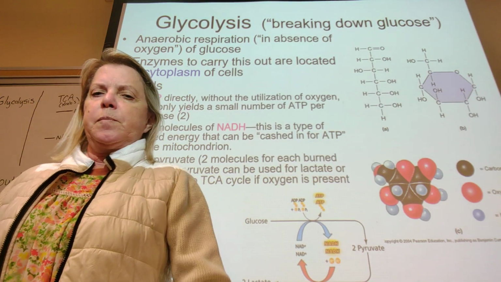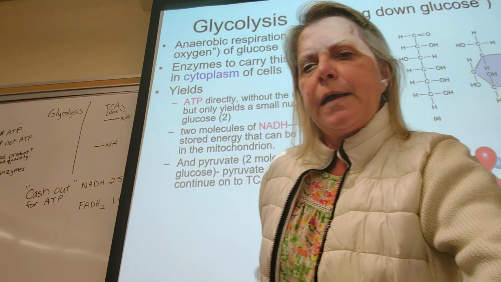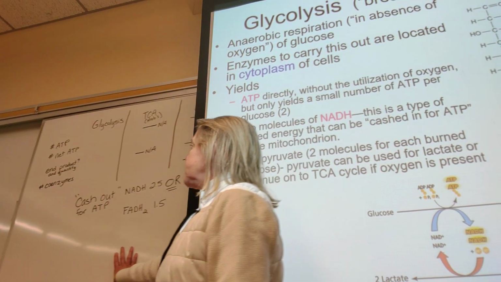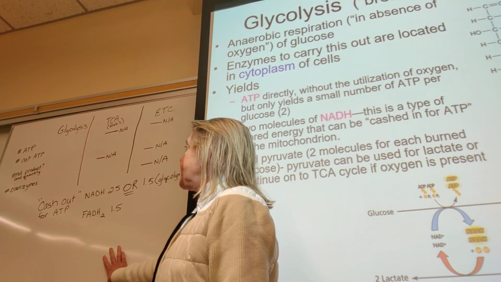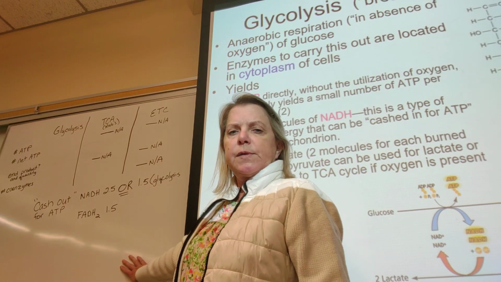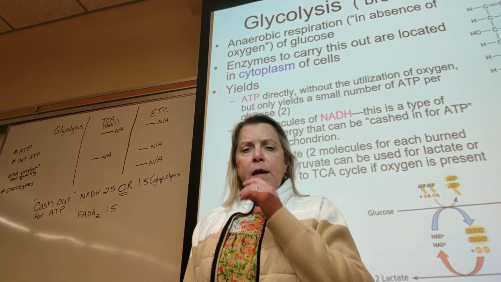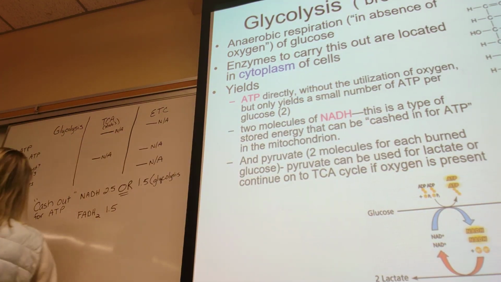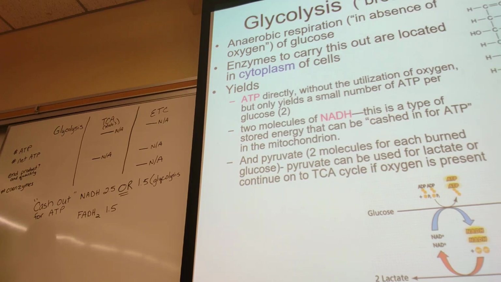So if you look at the board, I have a little project that I've written up here. And we're going to go through this step by step and try and fill in these blanks. I should also add where. So let's start with that.